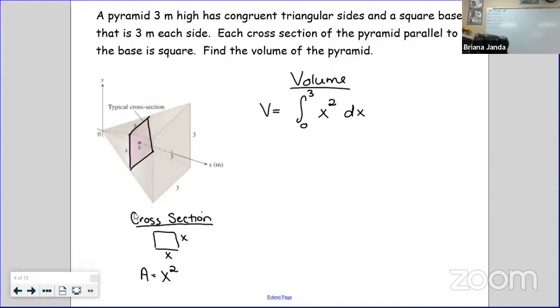We absolutely could do this one without our calculators, but we got a couple of examples to get through today, so we're going to go ahead and just grab our calculators. Kimmy, what did you get when you did that?